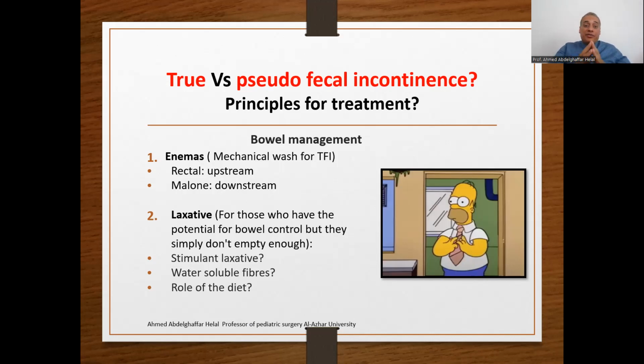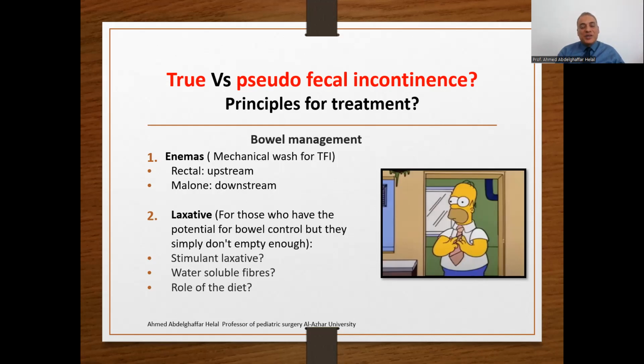Number two, laxative. Laxative, yes, however, used for those who have the potential for bowel control, but they simply don't empty enough. Slow motility or slow motile colon, we may need to stimulate the colon with a stimulant laxative with some water-soluble fibers and also adjust the diet of the child.